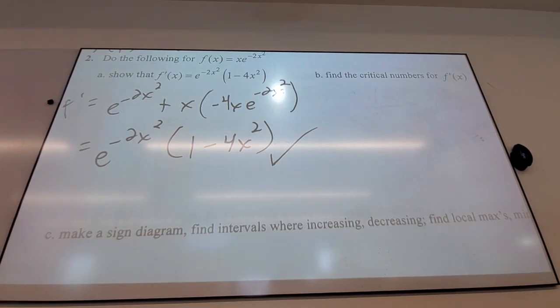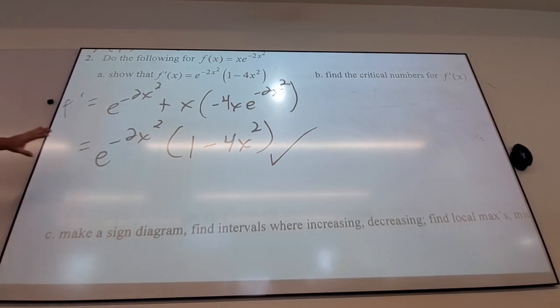Can e to a power become 0? No. So this would be 1 over e to the 2x squared, correct? And if I can't make e to the 2x squared 0, it's never undefined, because 1 minus 4x squared is a little polynomial, he's cool, you with me? So this is not undefined anywhere, which is bad. Past Jeff, you should have given us an undefined, but I'll be okay.